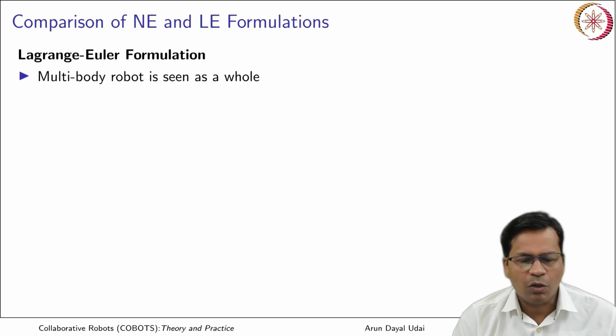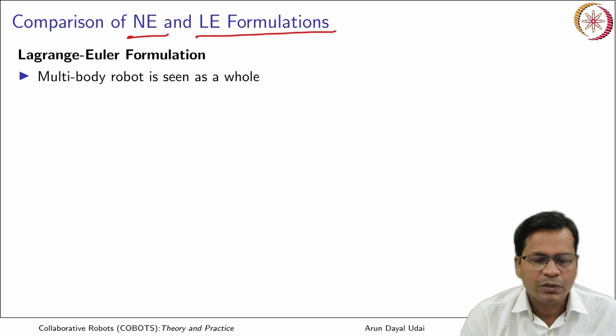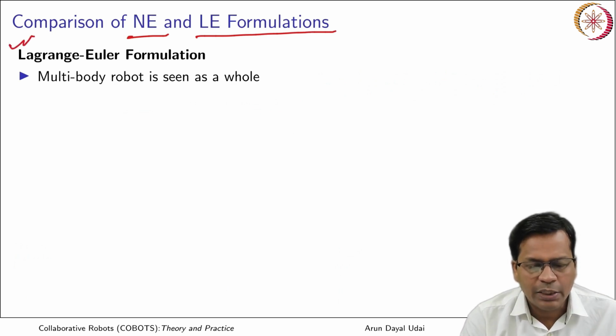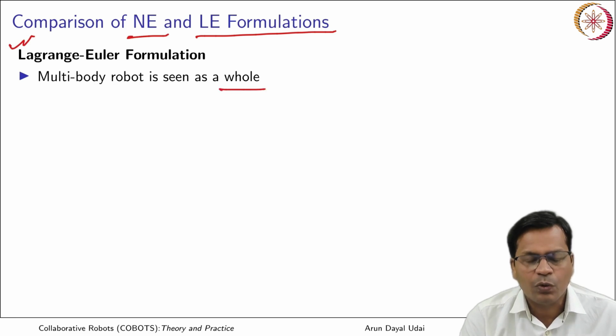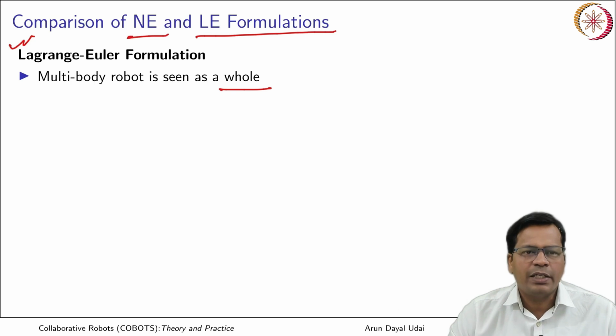So, now let us compare Newton-Euler and Lagrange-Euler formulation. So, what is Lagrange-Euler formulation doing? Okay, it is a multi-body robot seen as a whole. What you did? You basically calculated the Lagrangian for the whole of the system together and then you did partial derivatives, applied LE formulation and got to the torque.